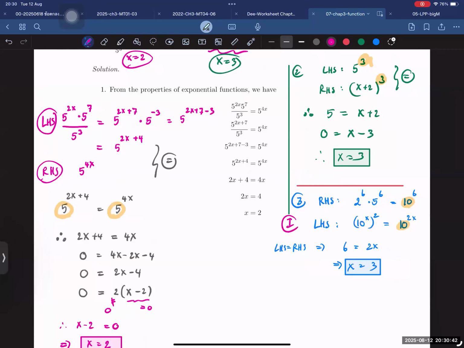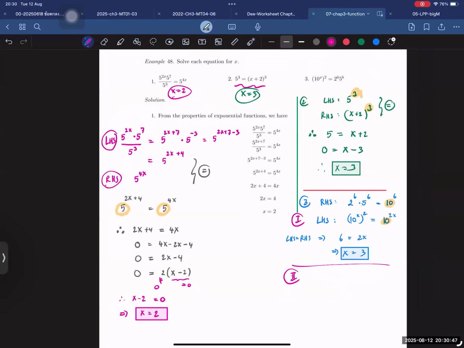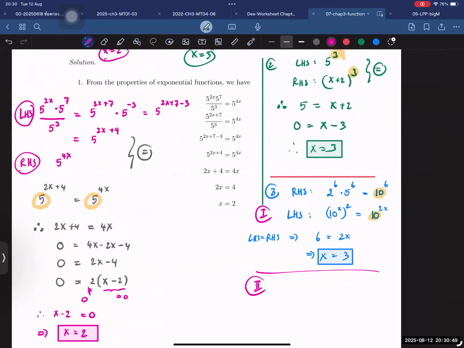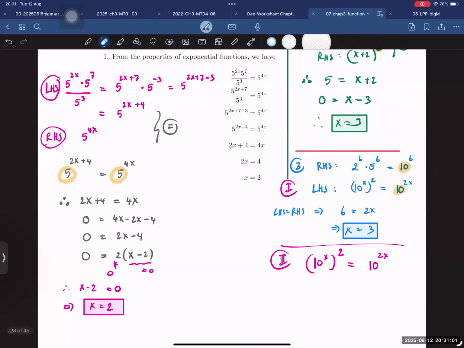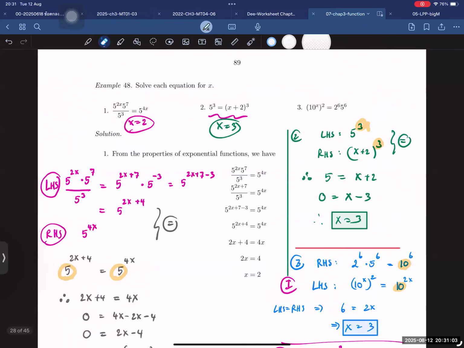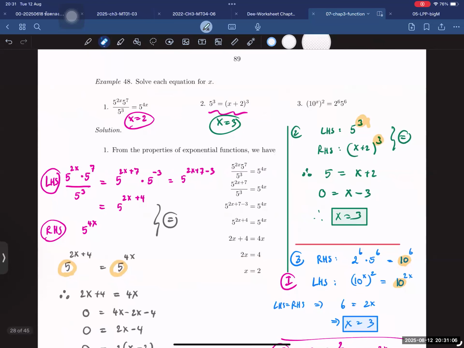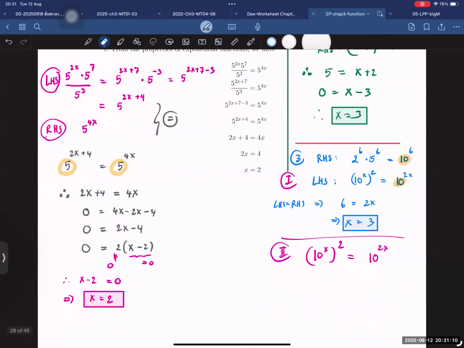Okay, this is the first way, or we can try number 3 again, but show you another way. 10 to the power of x squared here. Maybe you can combine this to be 10 to the power of 2x. But if you recognize that the right-hand side is the multiplication between 2 to the 6 and 5 to the 6.